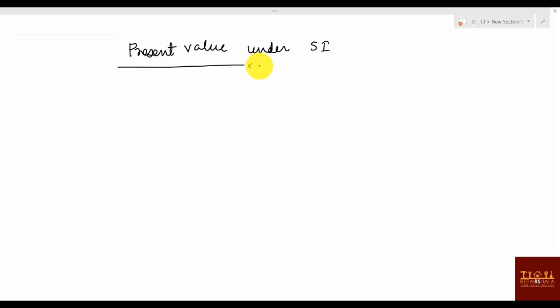Generally they don't ask present value under CI. In SSC they have never asked, so you can study under SI. But still I'll tell you for CI also.